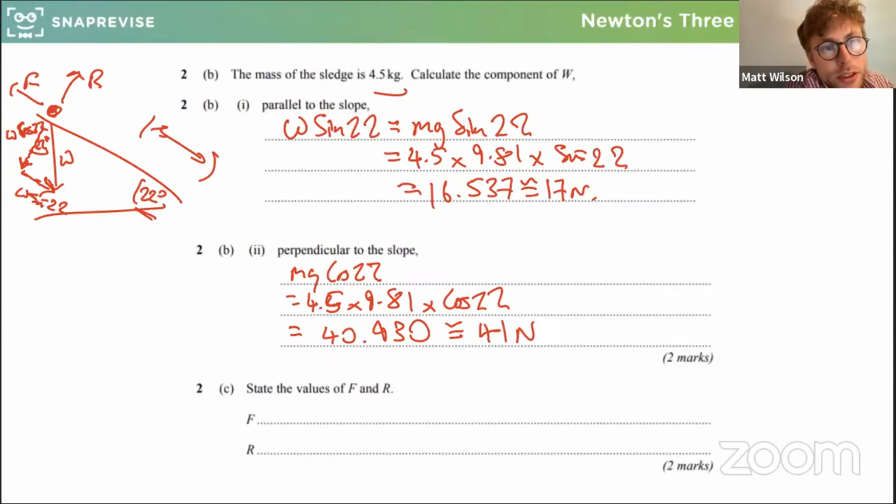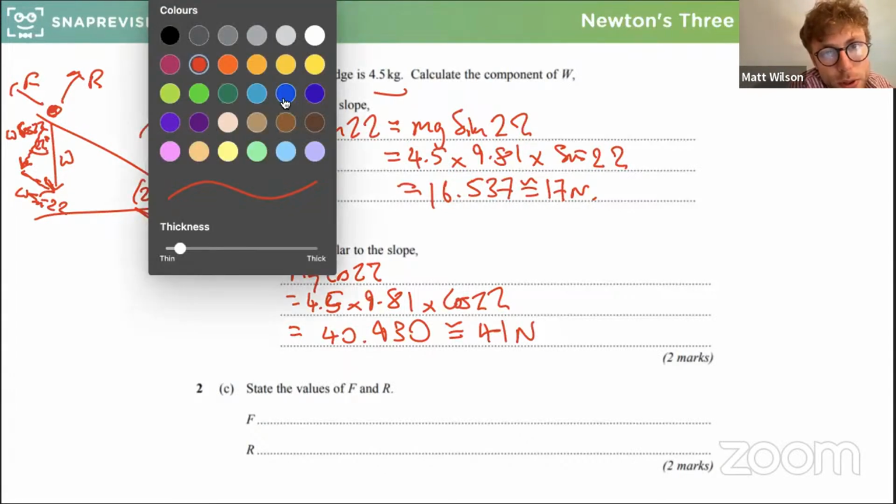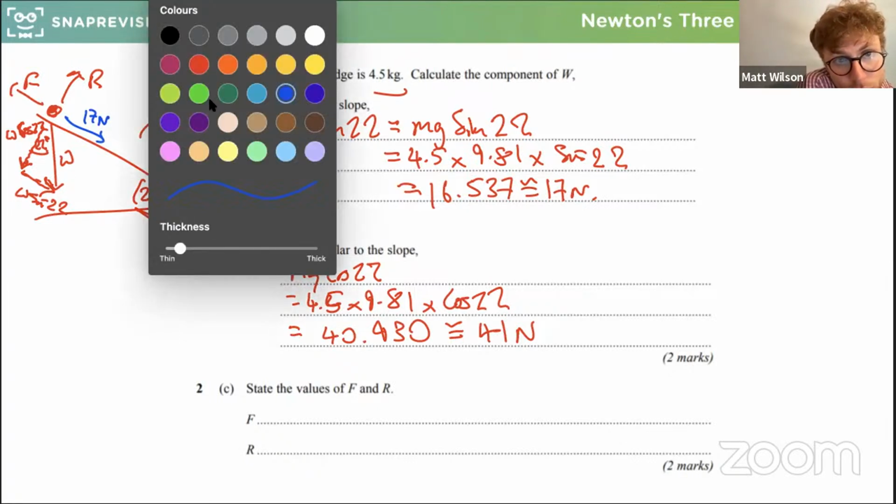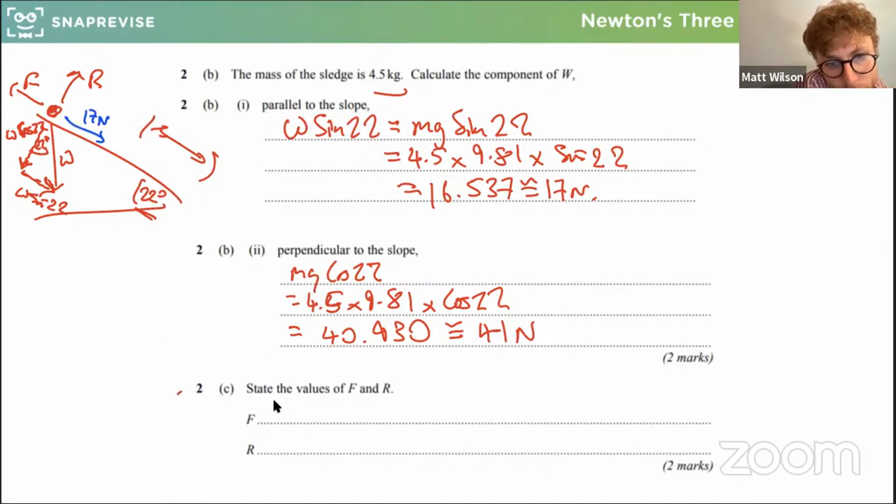In the parallel direction, we now know, let's draw the components of the weight properly. We have here the weight, and parallel to the slope, it was 17 newtons. Since the total force is 0, the force up the slope must be the same. So we can conclude that F is 17 newtons.